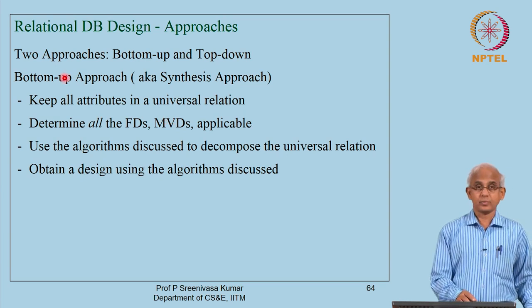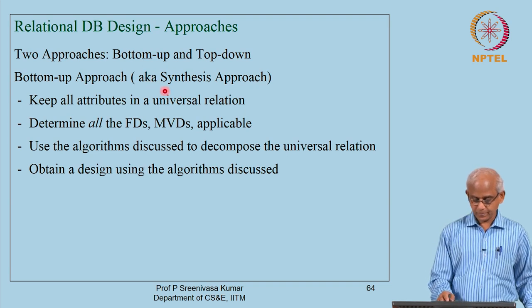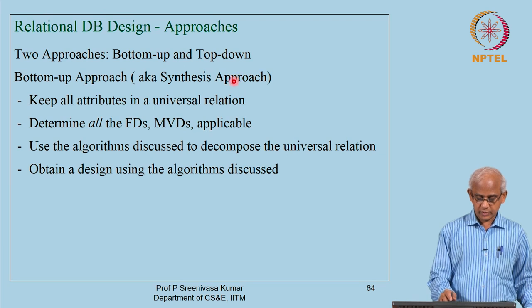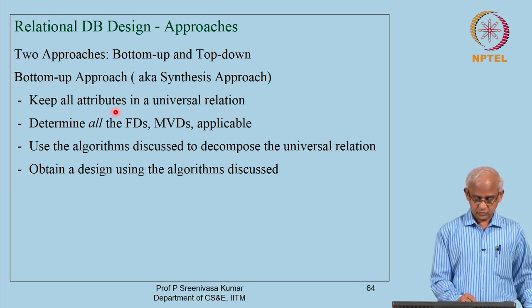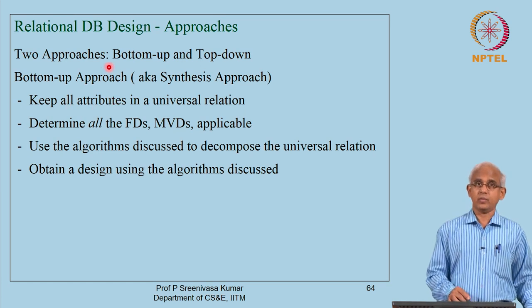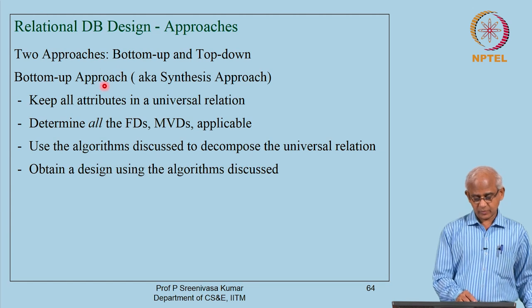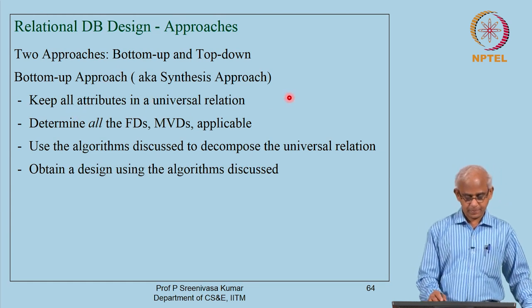The bottom up approach is also called the synthesis approach. In the synthesis approach, we identify all the attributes of interest in the domain or the database that we are modeling, and keep all these attributes in a big universal relation.